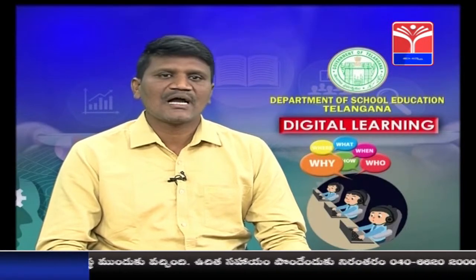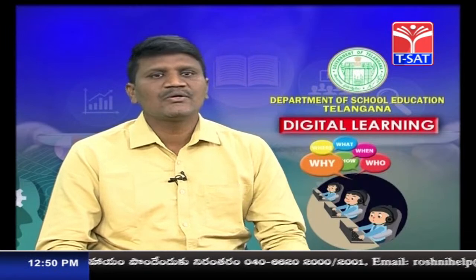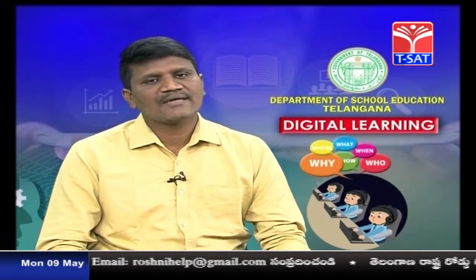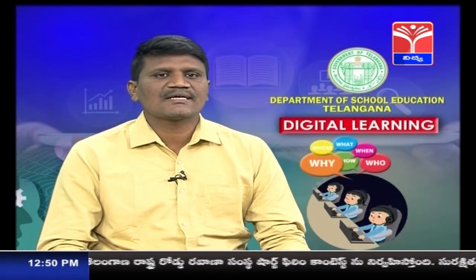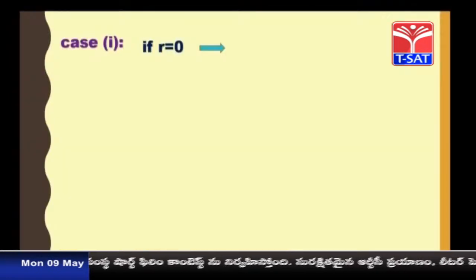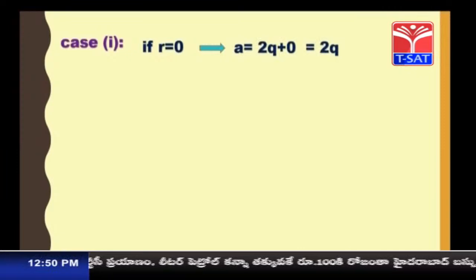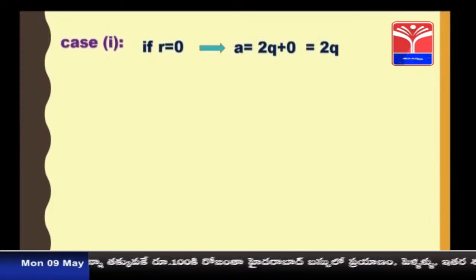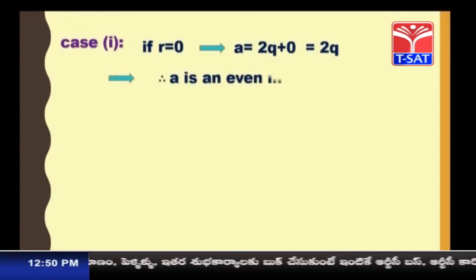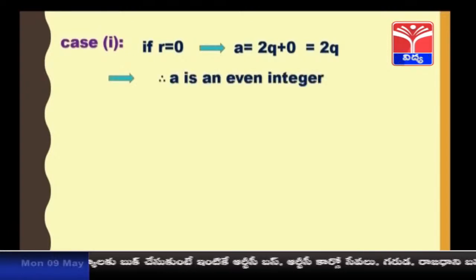Now I should solve this problem by taking two cases. The first case is r equal to 0 and the second case is r equal to 1. Let us see the first case. If r is equal to 0, then a is equal to 2q plus 0, which is 2q. 2 into any number is always an even number, so a is an even integer.